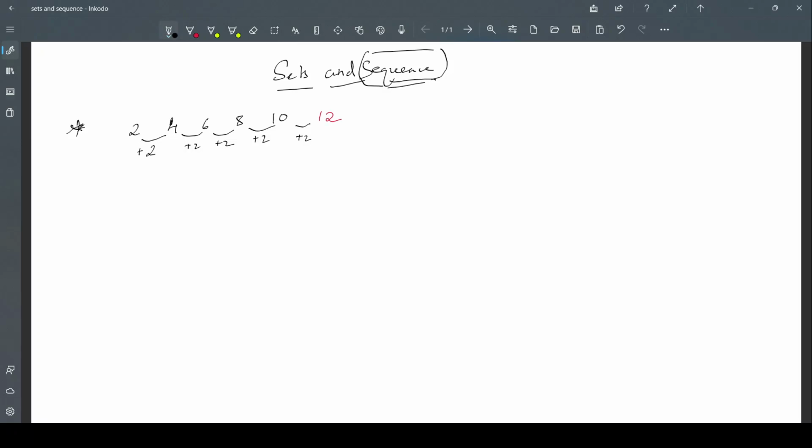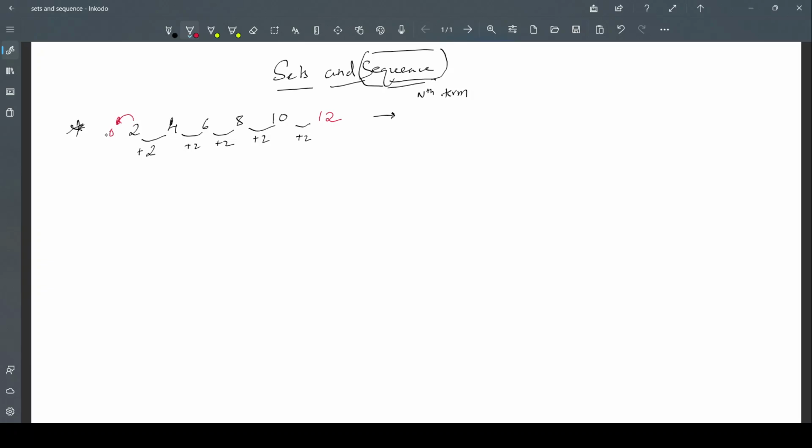Also, they will ask you the nth term for this sequence. For finding the nth term, we can do it either without using the formula, or by using the formula. Both ways I will tell you. So what will be the nth term for this one? If I want to do it without using the formula, what will be the previous term of this one?